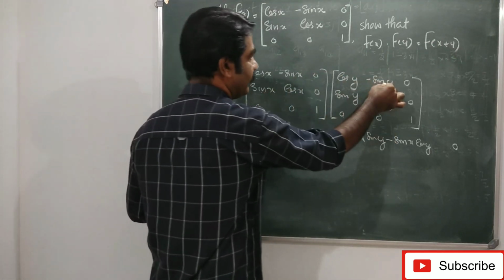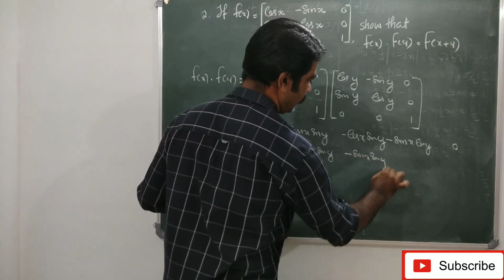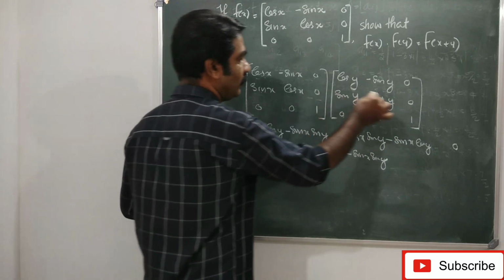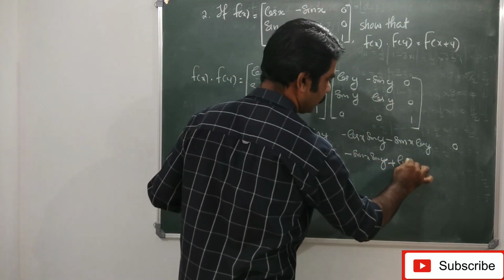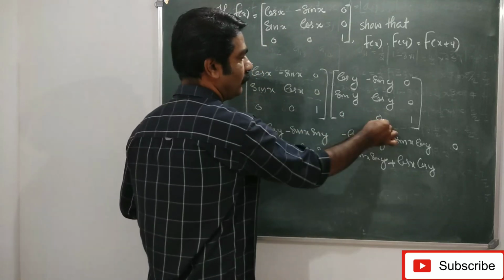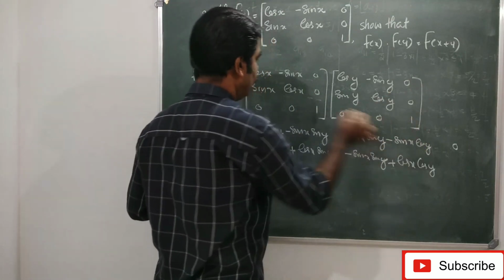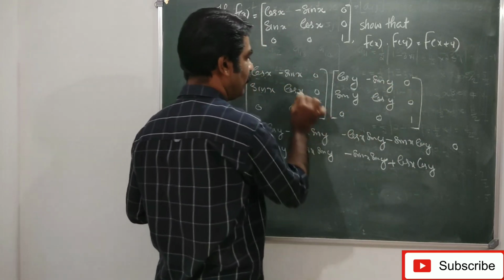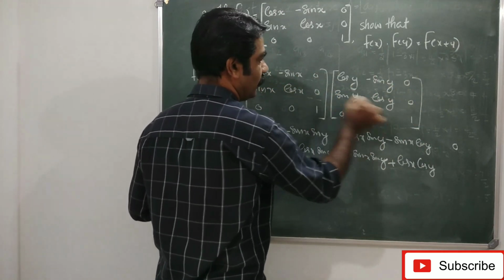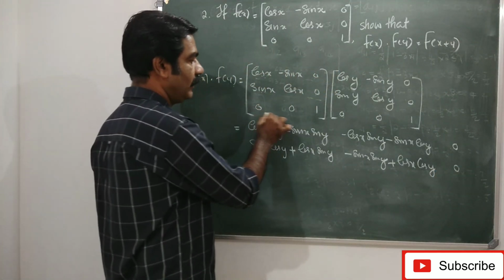Sin x into minus sin y becomes minus sin x sin y. Then cos x into cos y, plus 0 into 0 becomes 0. Now second row with the third column. Sin x into 0, 0. Cos x into 0, 0. 0 into 1 also 0. All 0 only.